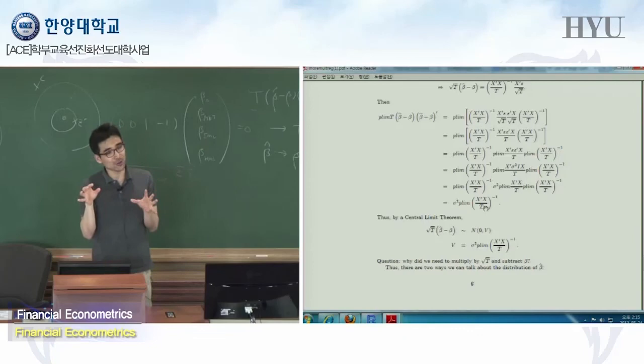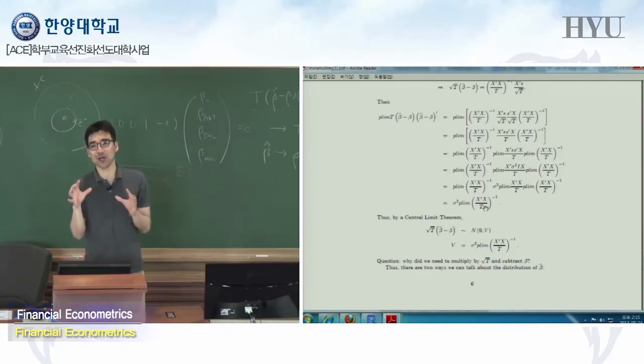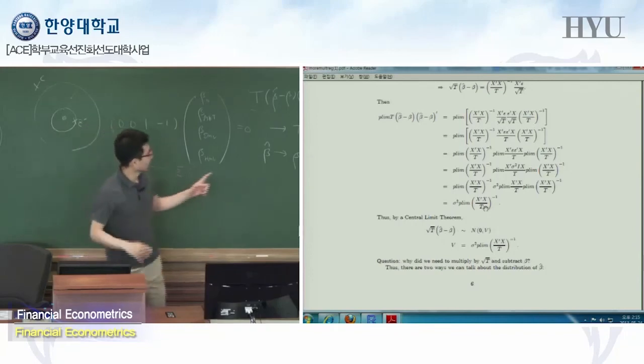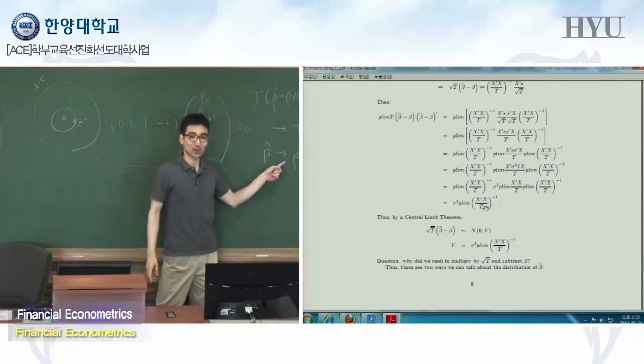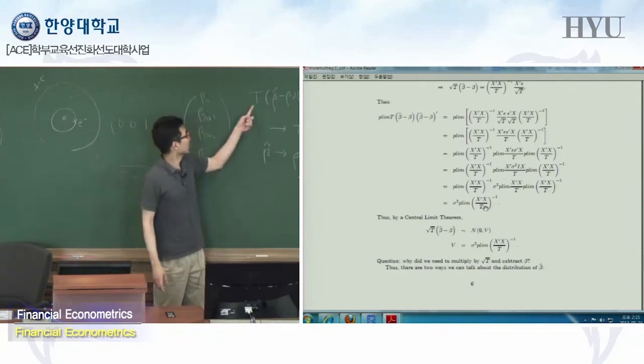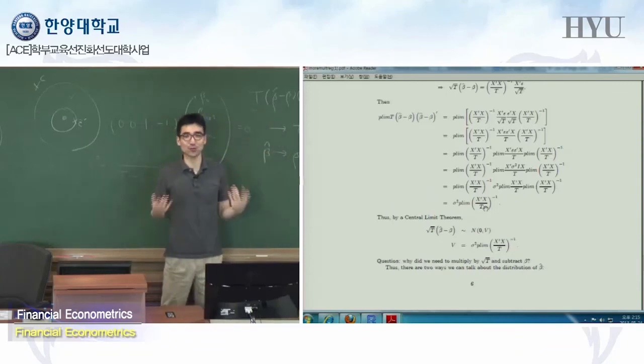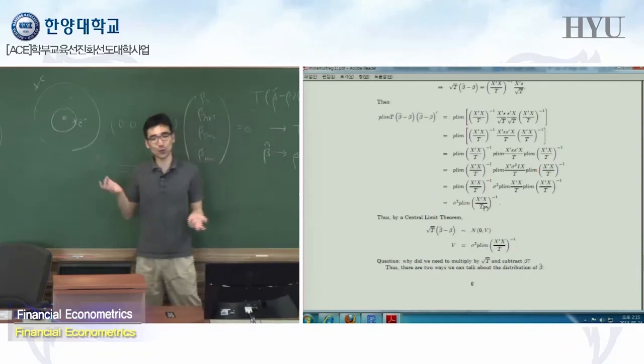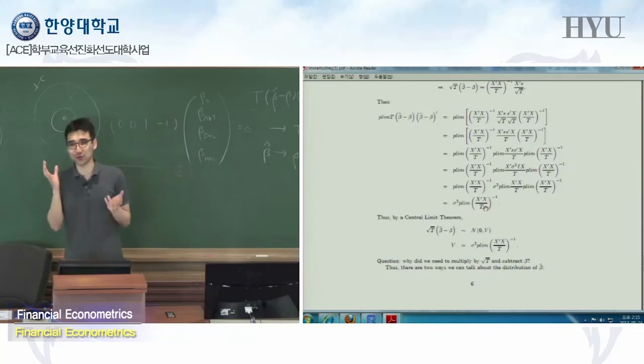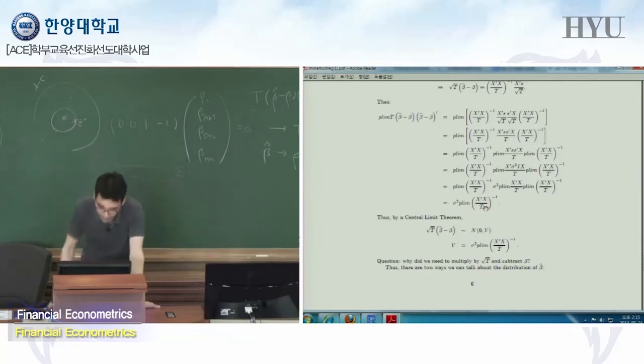But now, actually we don't need that assumption anymore, because anyway beta hat will converge to beta with large numbers, and this one converges to this one with large numbers. So we don't need that kind of distribution assumption anymore if we have large numbers. This is a very important property.